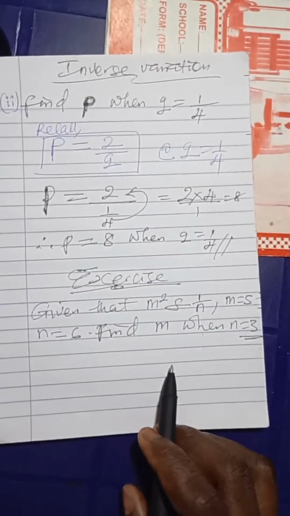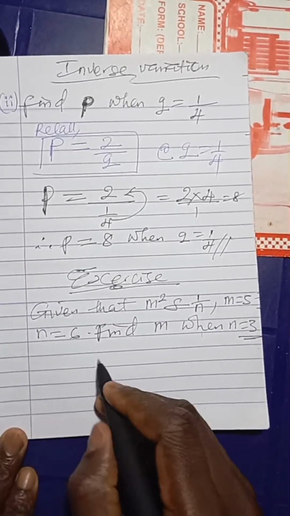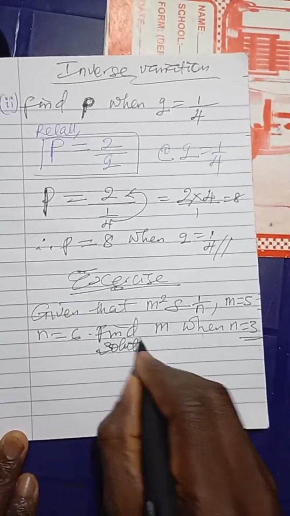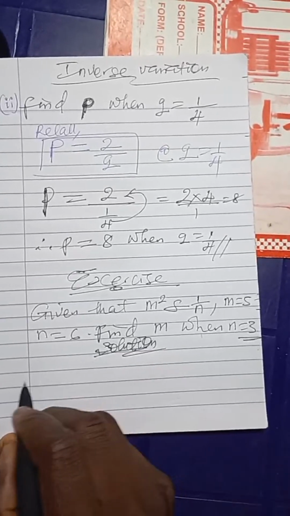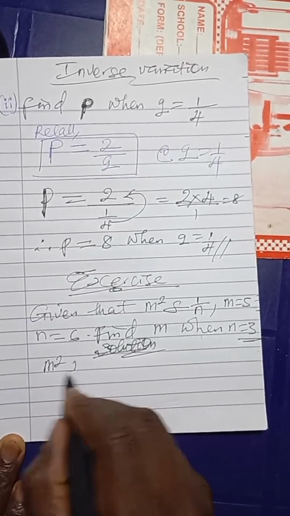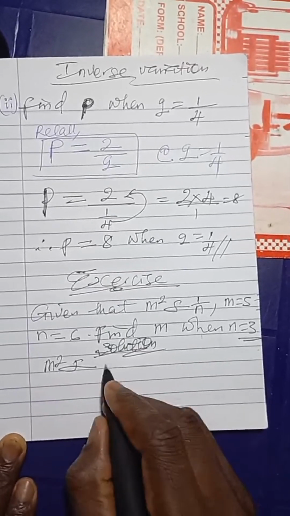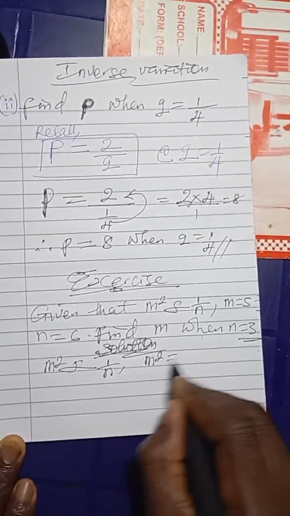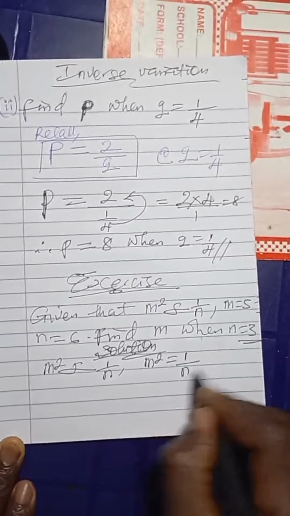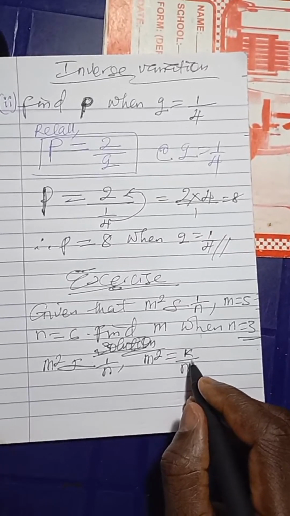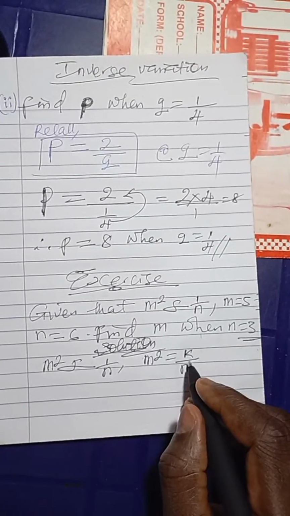Okay, let's solve. Solution. You have M squared varies inversely as 1 over N, so that I can have M squared is K over N, okay?